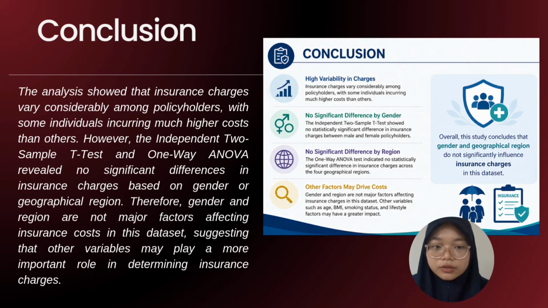Therefore, we conclude that gender and region are not major factors affecting insurance charges in this dataset. This finding suggests that other variables may have a greater impact on insurance pricing and should be explored in future studies.